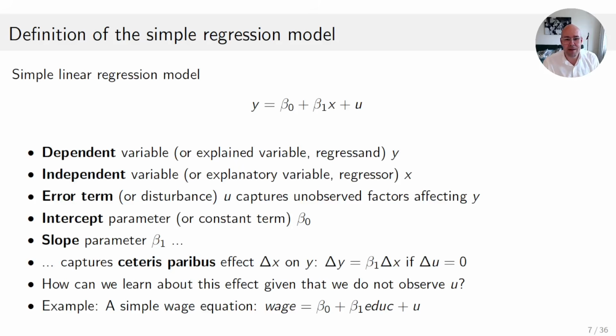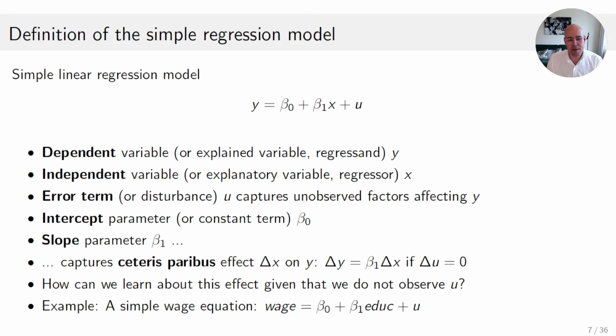Now, here's the first time in this presentation that we see the simple linear regression model written down. So it's going to be y is equal to beta naught plus beta 1 times x plus u. And on this slide here, you see some terminology that we're going to use.